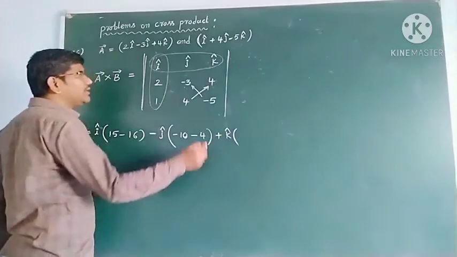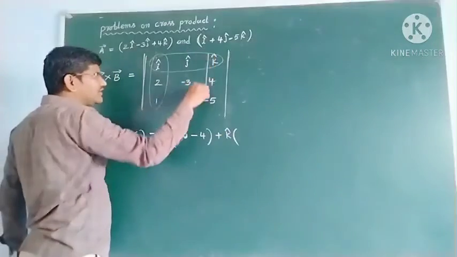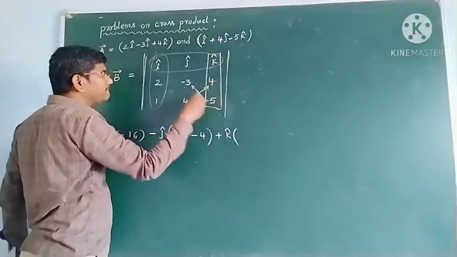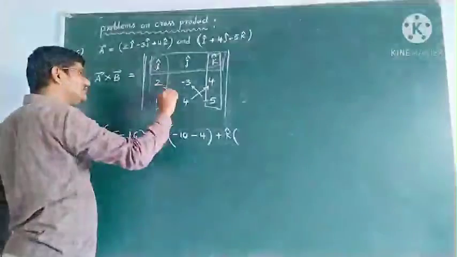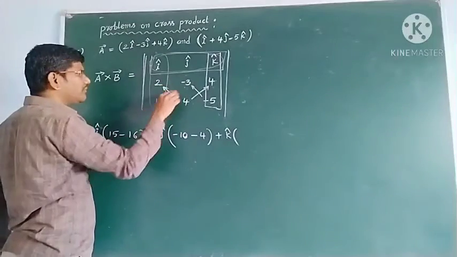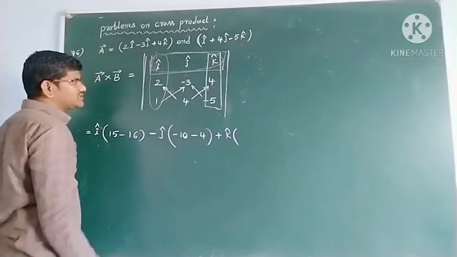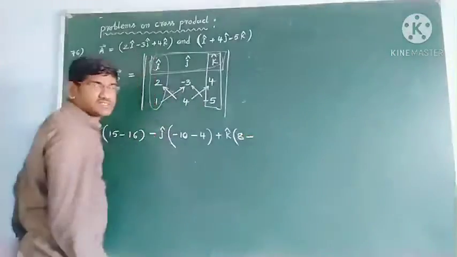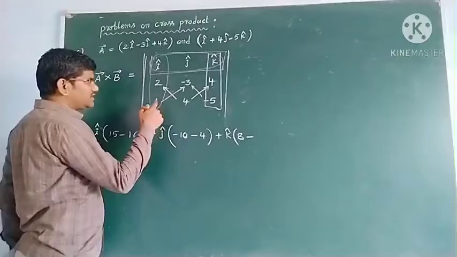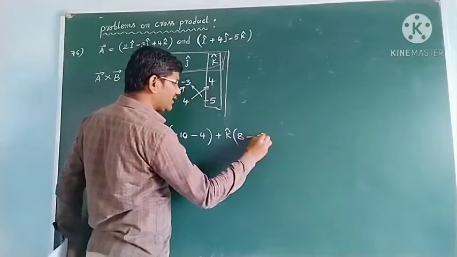Close this vertical line and close this horizontal line. Then take the product of these two minus these two. So that is k cap into 4 2s are 8 minus 1 into minus 3. You have again minus 3.